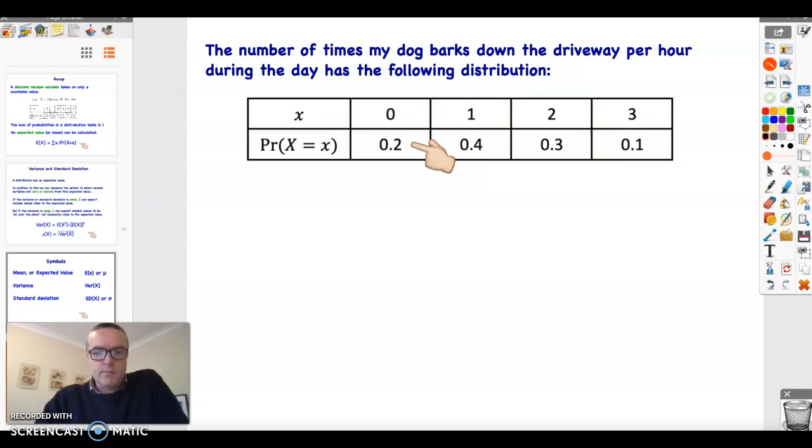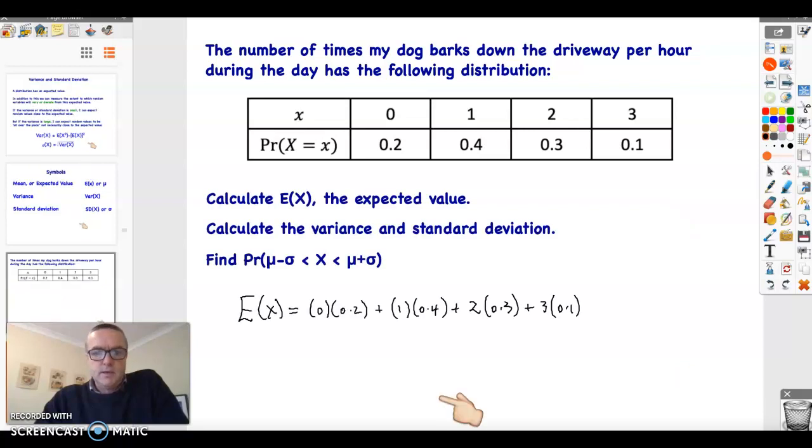And we've got probabilities associated with each one of those quantities. In this example, we're going to calculate the expected value, E of x. We're also going to calculate the variance and the standard deviation. And once we've got both of those, we'll talk about calculating this particular probability.